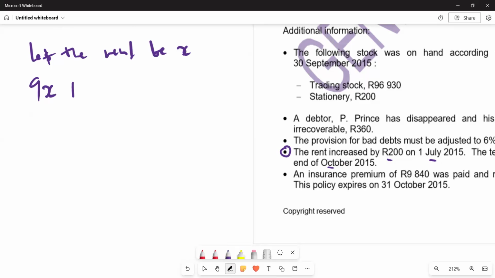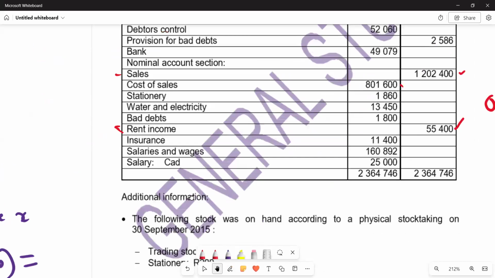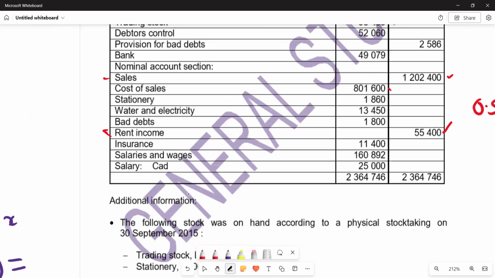After it increased, it was for 4 months, and the rent was now X plus the 200 that it increased with. If you work out this equation, we are going to get the amount of rent that was received in the pre-adjustment trial balance, which is our 55,400.